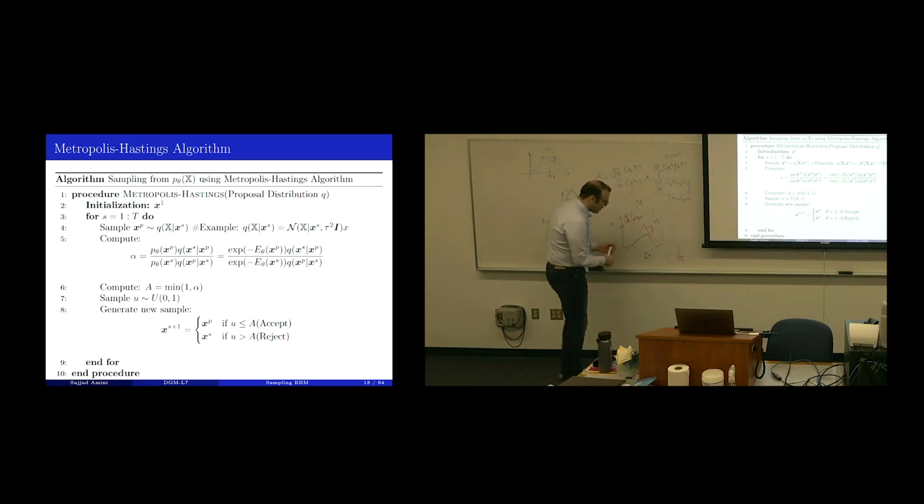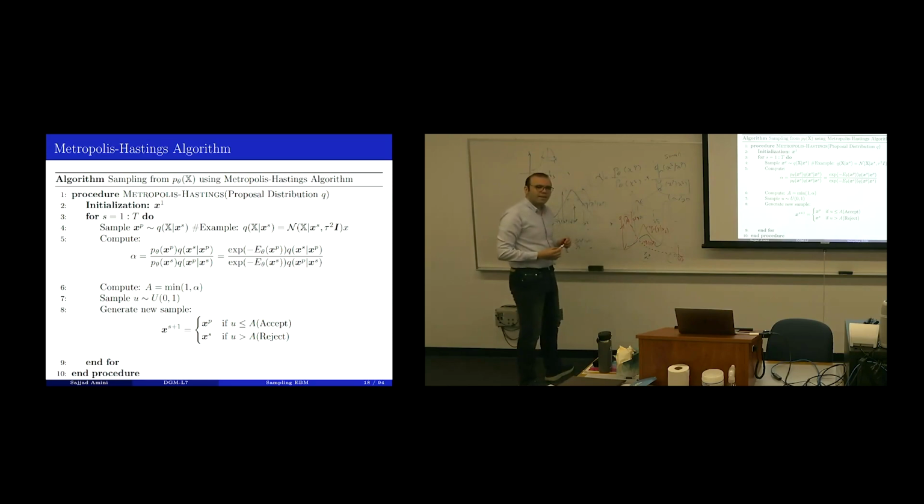Why? Because this is the Q of X given XS. I do not have any other colors, sorry. This is Q of X given XP. So what happened to the correction factor?